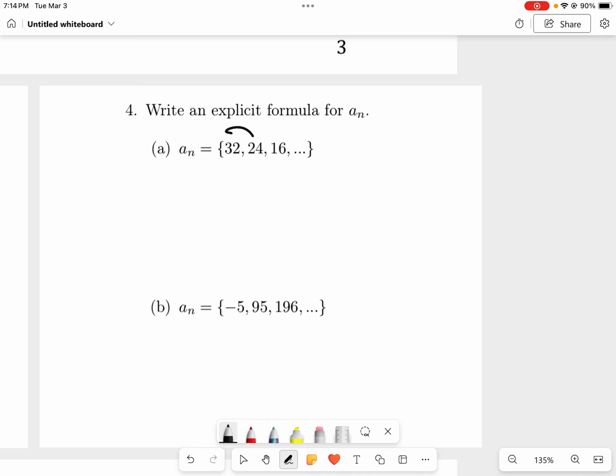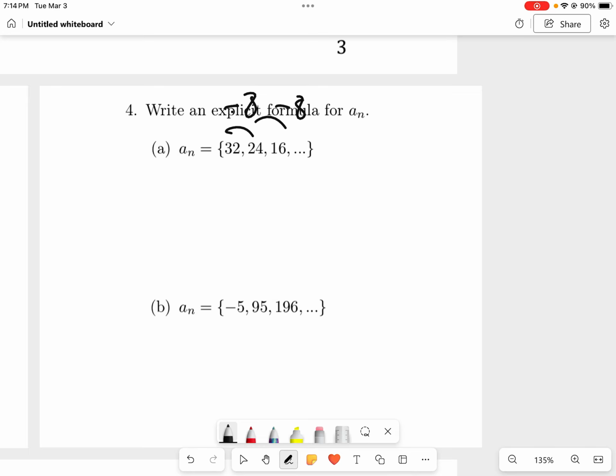Let's see here. Okay, I found it. So what you're doing is you're subtracting 8. Yeah, you're doing -8 and then another -8. So it's obviously arithmetic.